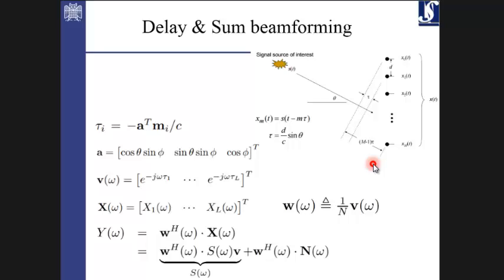Okay? This array manifold vector says that x, which you are recording, here x means x1 to xm, the x that you are recording in each of the microphones, is actually a filtered version of S by convolution.